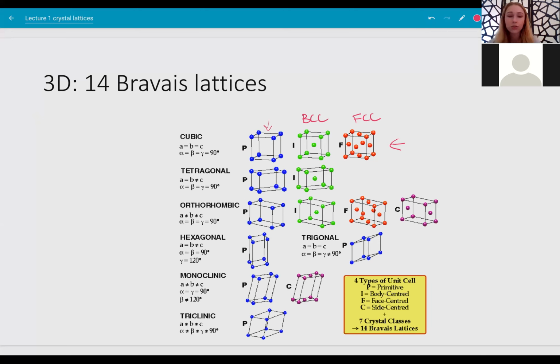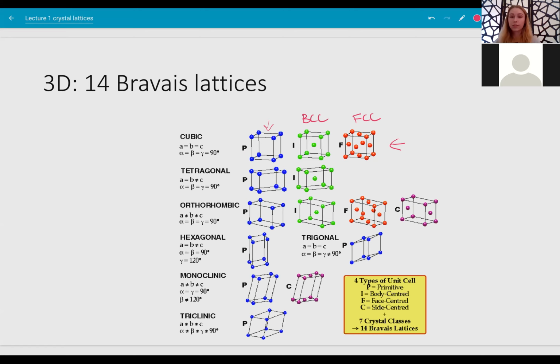So the cubic crystal structure is okay. What I do want to say about this is that most of the metals on the periodic table are either BCC or FCC, one of those. A simple cubic structure is actually only realized in polonium.